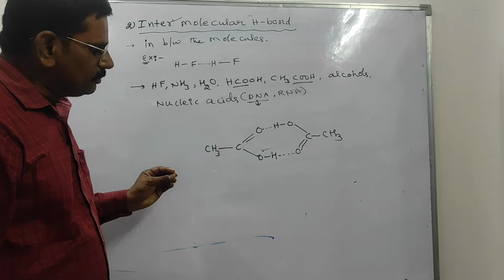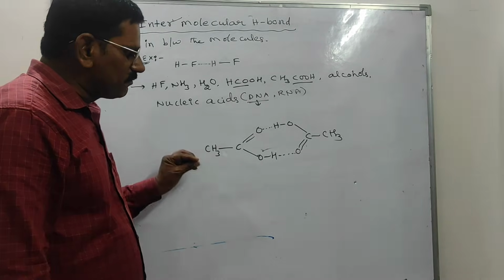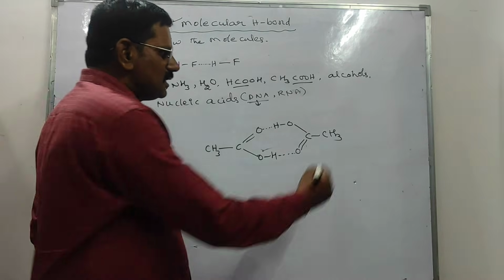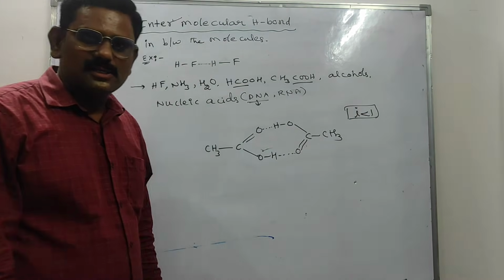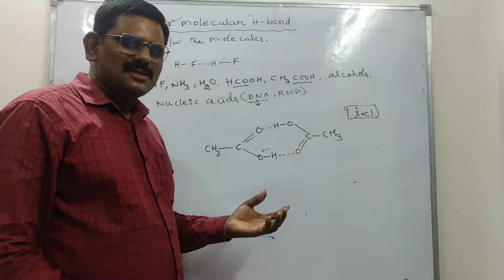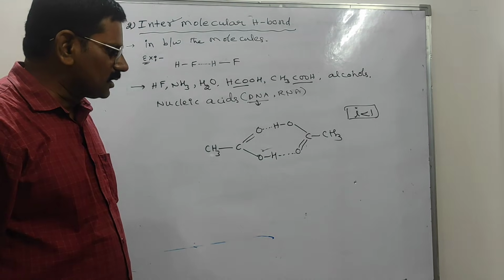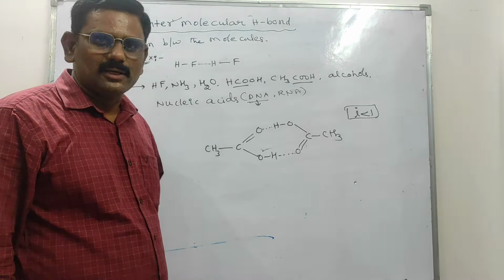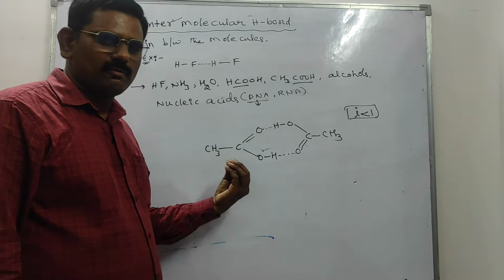I'm going to mix this concept with colligative properties. The van't Hoff factor for acetic acid is less than 1. Why? Because acetic acid is associative. Two acetic acid molecules can form a single molecule. Hence, the van't Hoff factor is the number of molecules after association divided by the number of molecules before association.